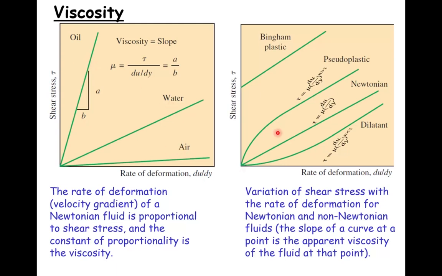However, we have fluids where the shear stress does not change linearly with the rate of deformation. These are, for example, Bingham plastic. You can see that here it is linear, but it's still not purely linear, because you need to apply some shear stress first before the material deforms.